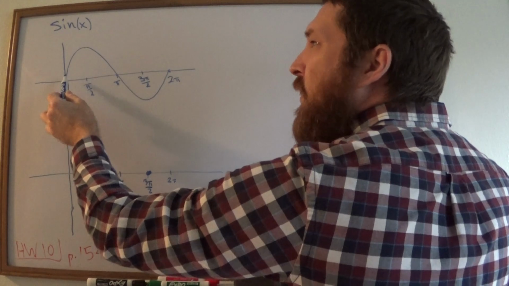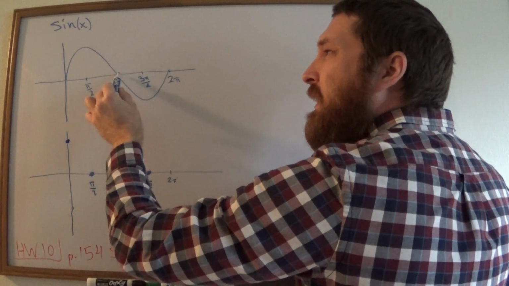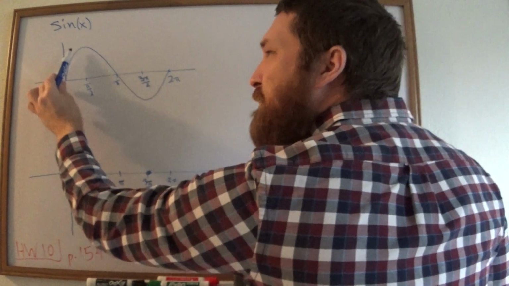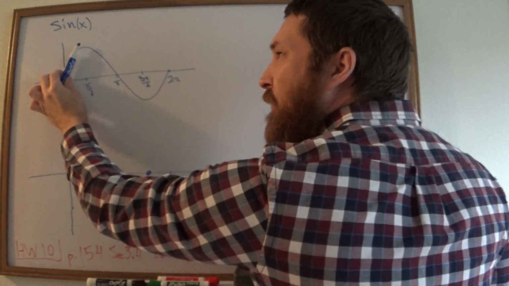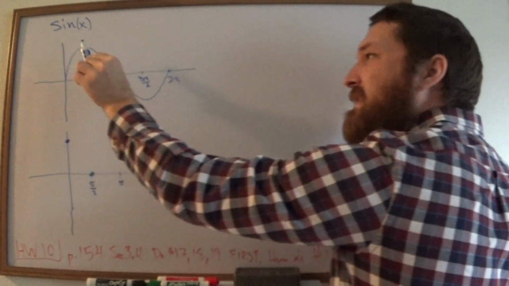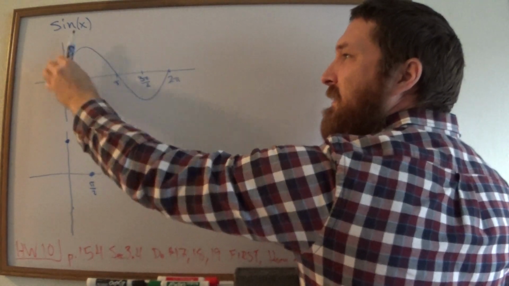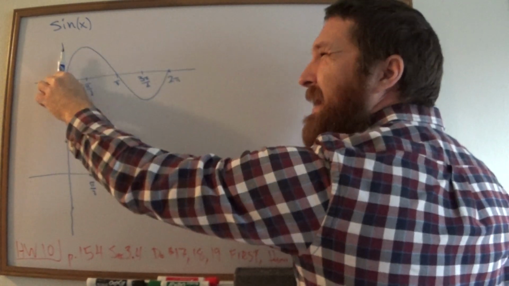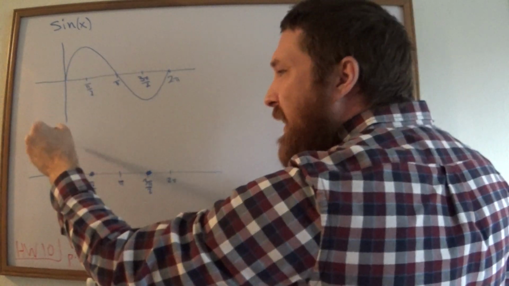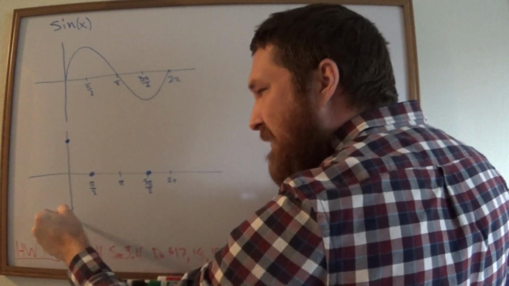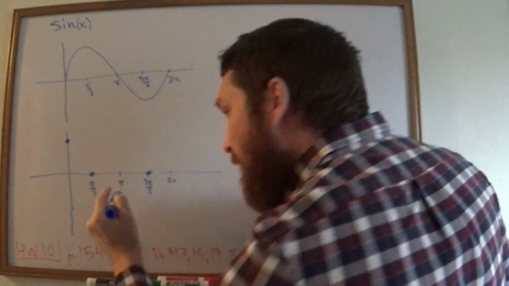What about here? Negative 1. Just by symmetry, you could tell that whatever this is, it's just the negative of whatever that slope is. If the slope is 10 here, then it should be negative 10, right? And so whatever this value is, it should be that far down right here at pi.